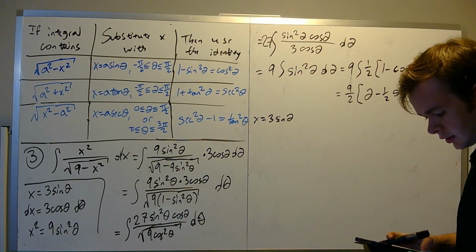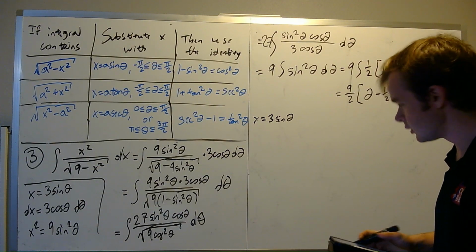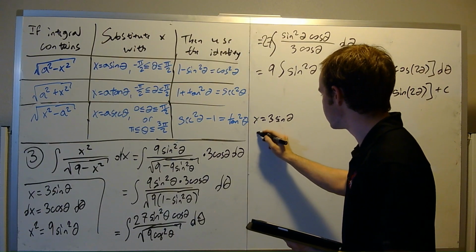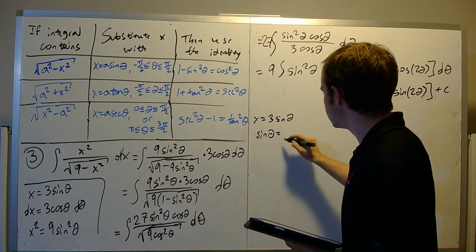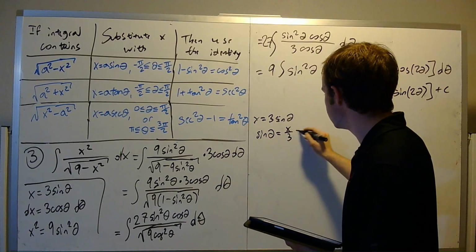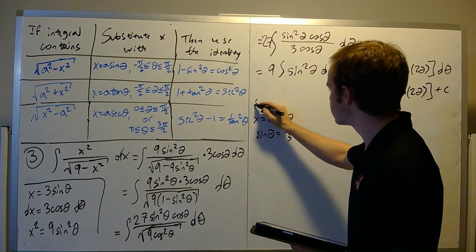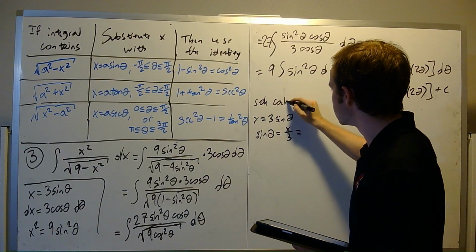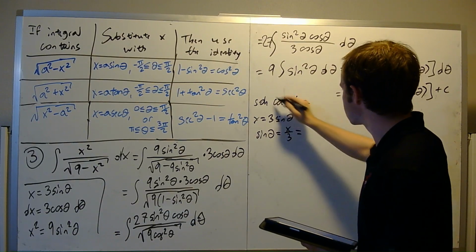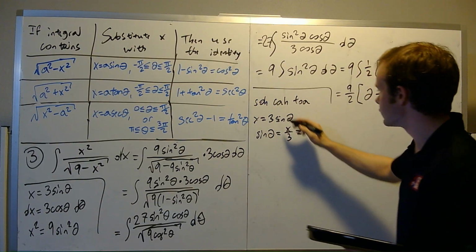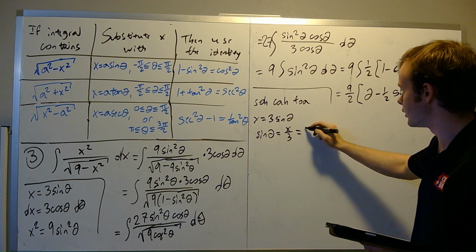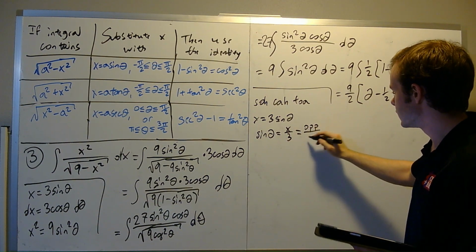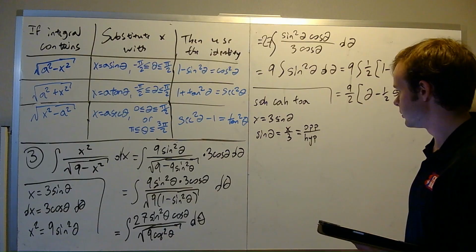That's the information we had there. And now we can solve for sine theta and say that sine theta equals x over 3. And if we remember SOH CAH TOA, it says sine is opposite over hypotenuse.